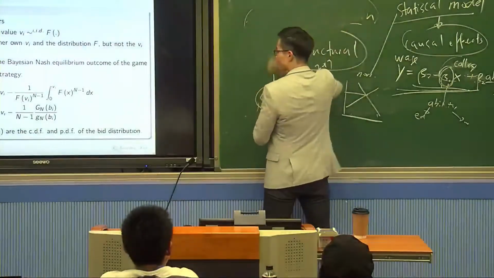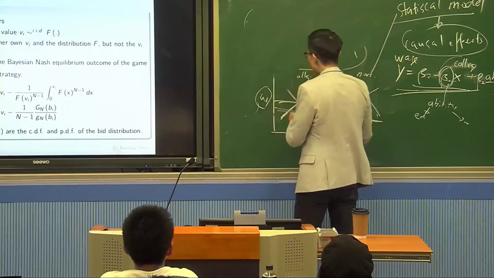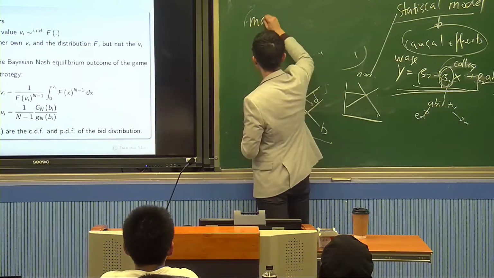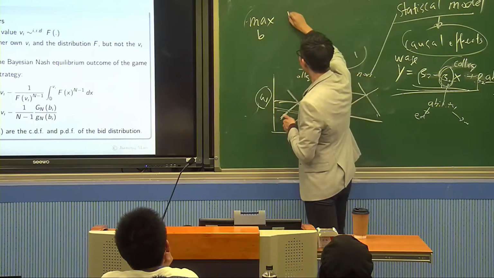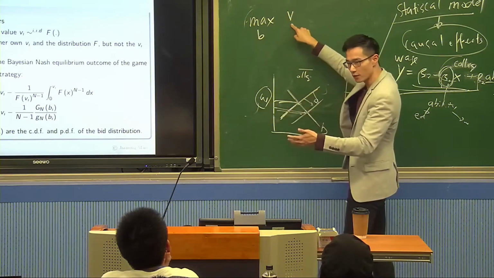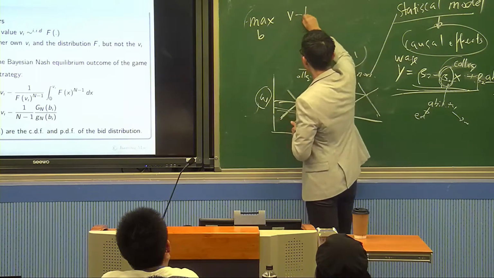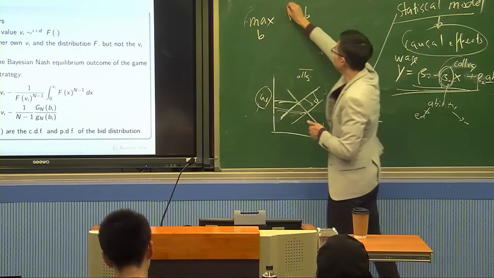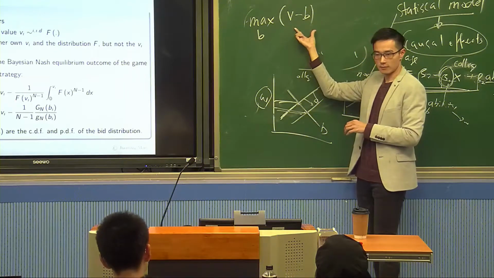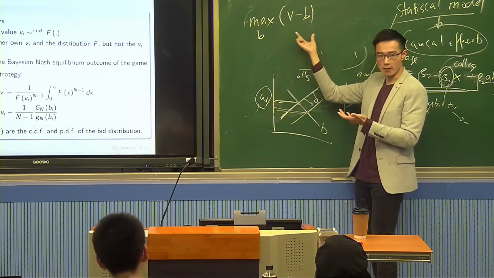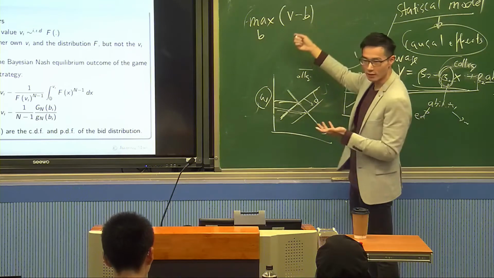Well, very easy. What I'm going to do is choose a bid to maximize my expected profit. V is how much I value the object, and this is my bid. If I win the auction, my profit is my value minus my bid, but only if I win the auction.